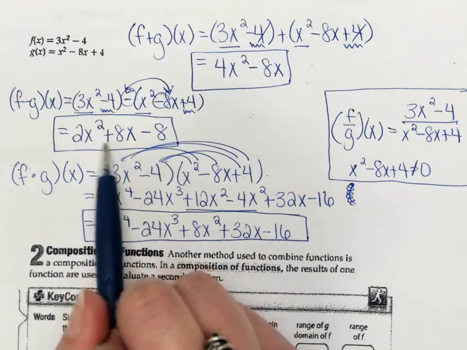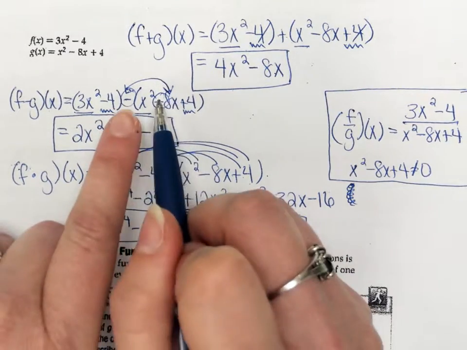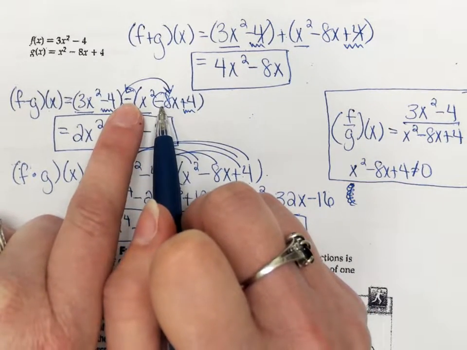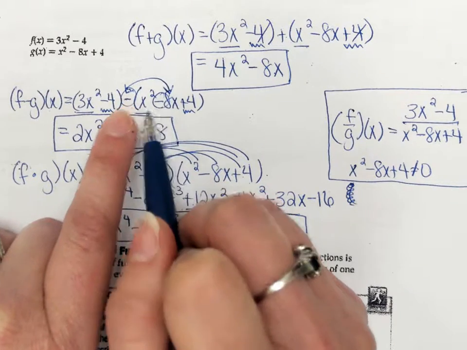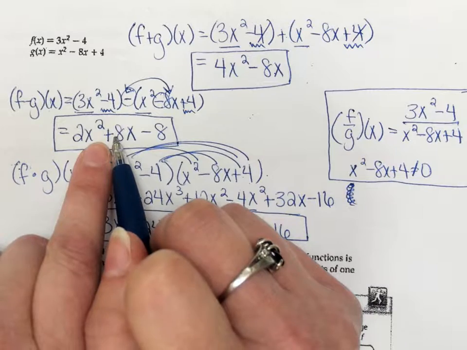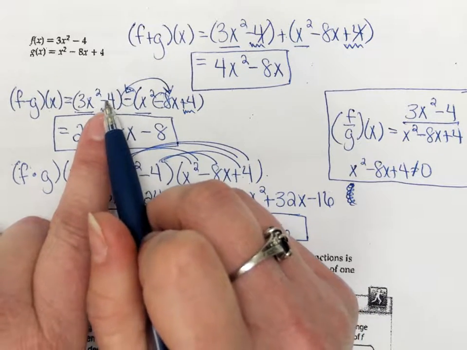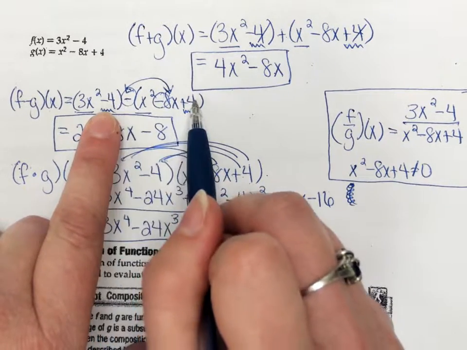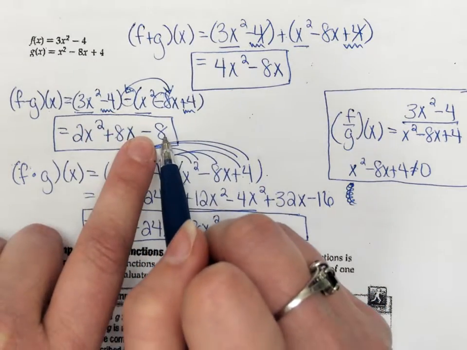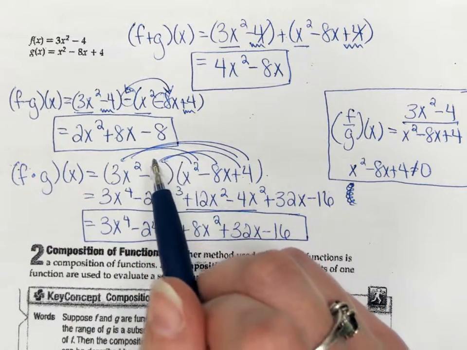So the reason that this is a plus sign, because of right here, this is subtract negative 8x. Subtract negative 8x makes that a positive 8x. And then here, negative 4, subtract 4 is negative 8. So be careful on that one, okay?